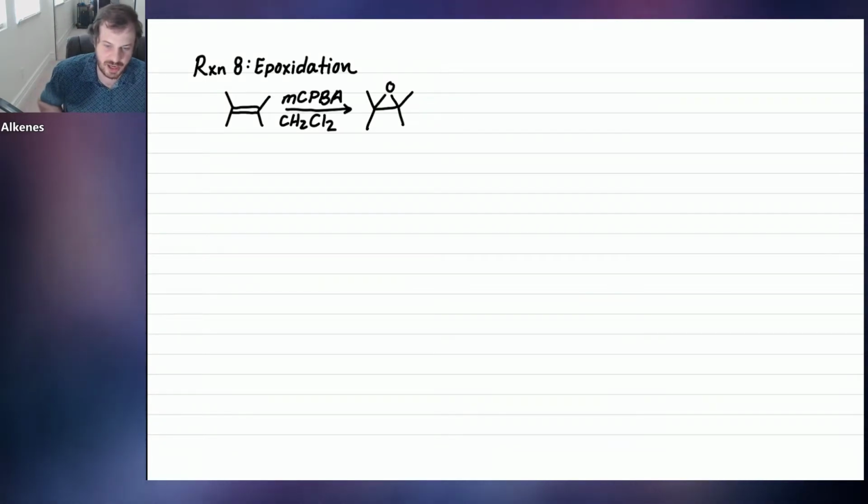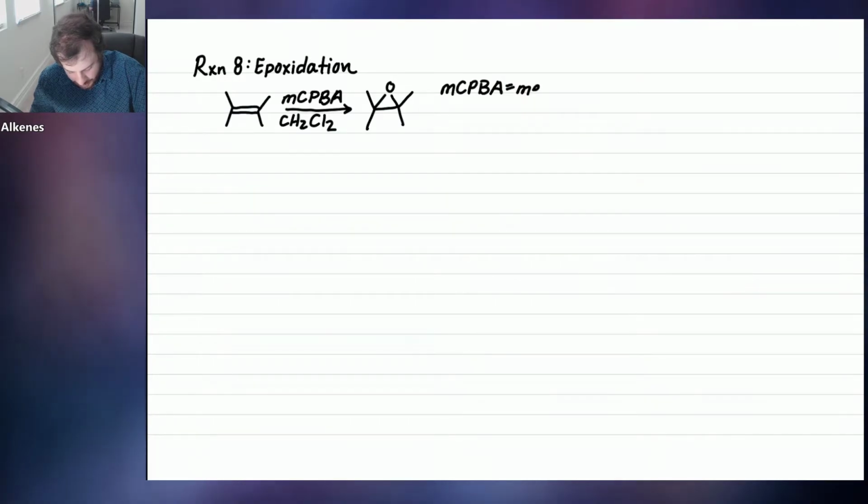And we've seen there's a lot of reactions that involve the epoxide, so you can imagine you can create some pretty awesome test questions, taking an alkene, turning it into an epoxide, and then doing one of the epoxide reactions with it. I told you I'd tell you what the MCPBA is. You don't need to know this, but I'll just show you for fun. It stands for metachloroperoxybenzoic acid.